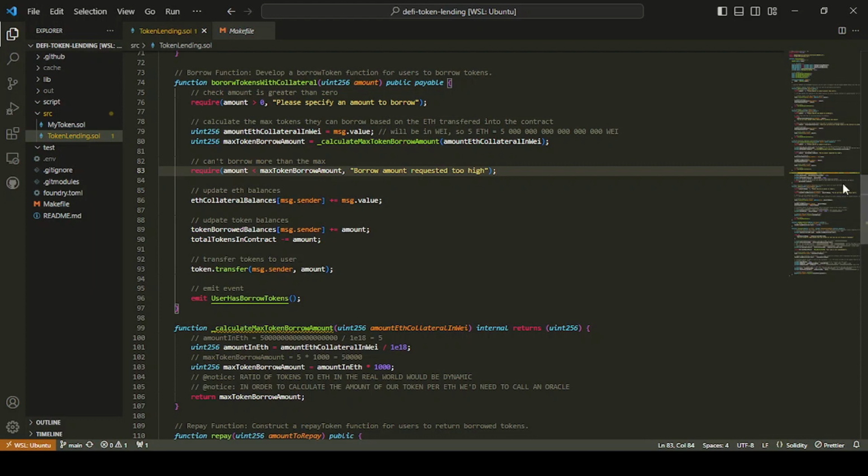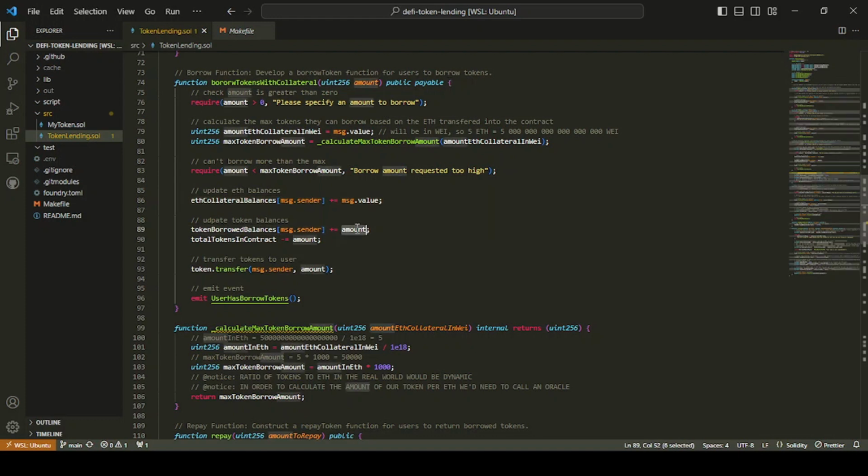Okay, so after we calculate that, we say the amount has to be less than the token borrow amount. Whatever amount we pass in, we're going to pass in 4,000, and with 5 ETH it's going to be 5,000, so it'll pass this require statement, no problem. Then we update our ETH balances. Our collateral ETH balance of message.sender is going to be 5 with 18 zeros after it. Then we update the token balances.